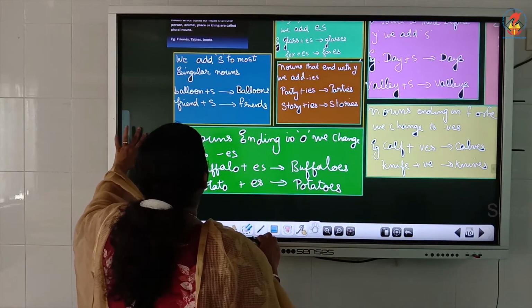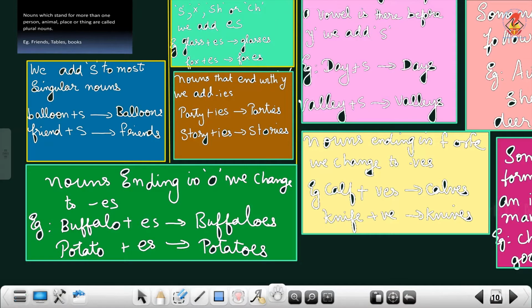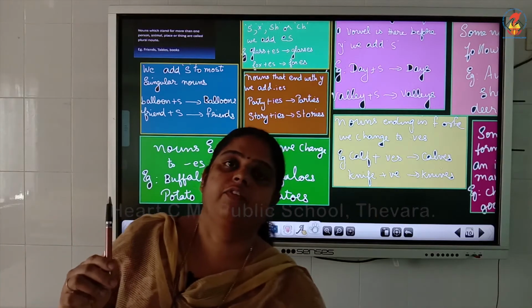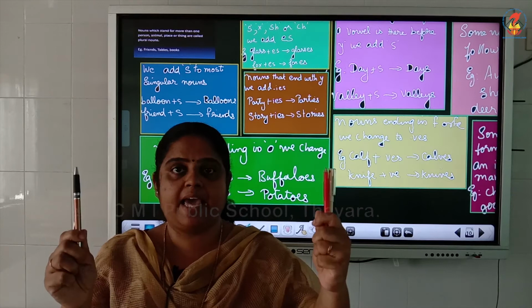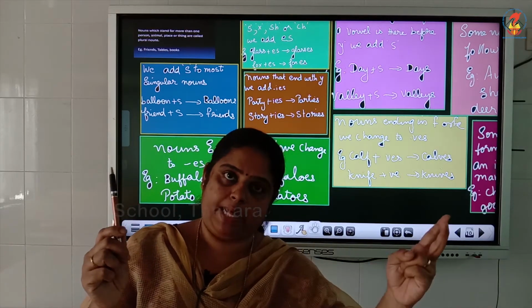For example, the first one, we add s to most of the singular nouns. When we want to make a plural, we add s to the noun. For example, pen. 2 pens, we add s, pen plus s, pens. Okay, so 1 pen, 2 pens.